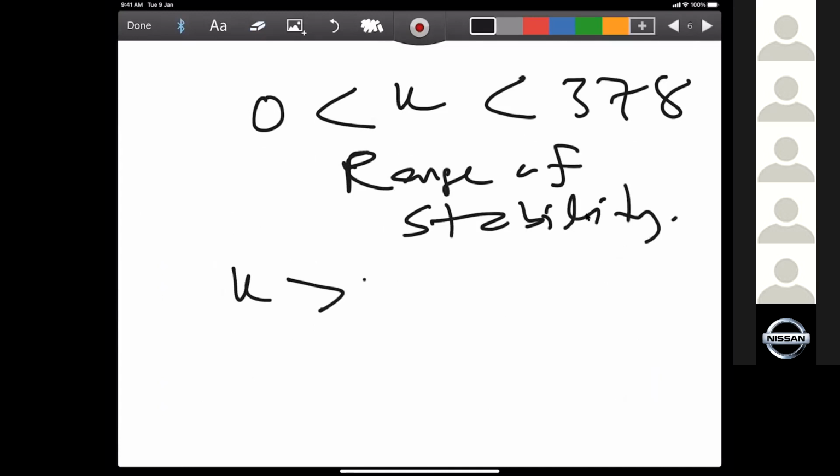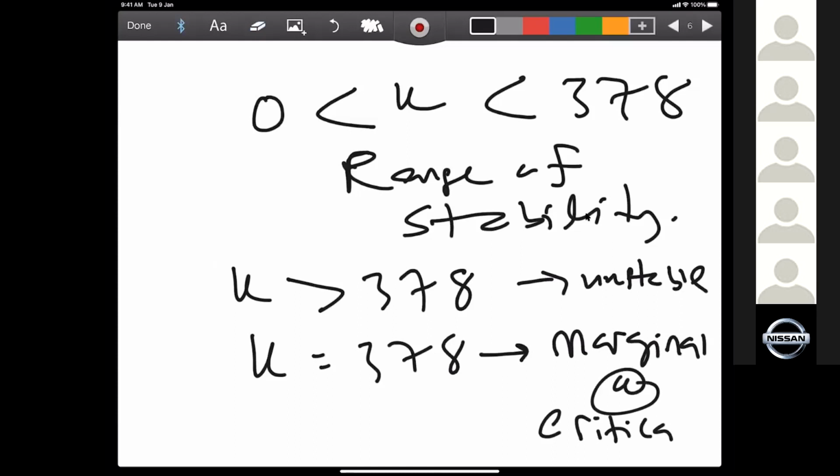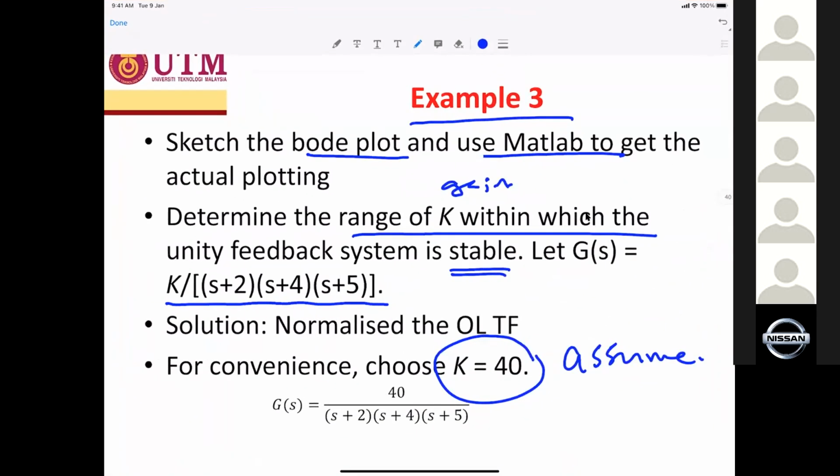K greater than 378, what happened? Unstable. K is equal to 378, critically stable. Oh, critical. Okay, so that will give the answer to Nick Omar's question just now.